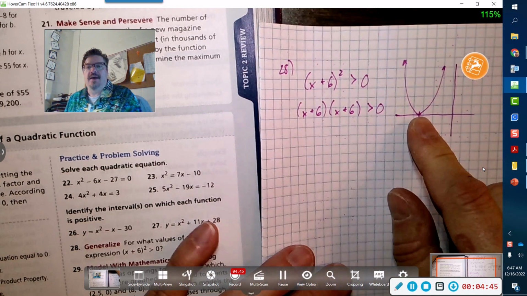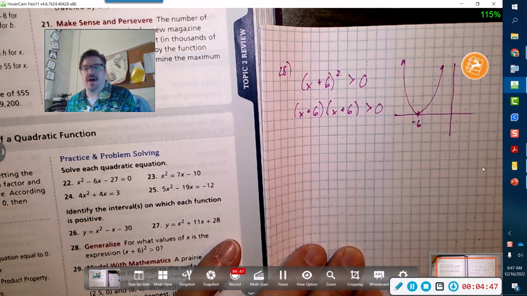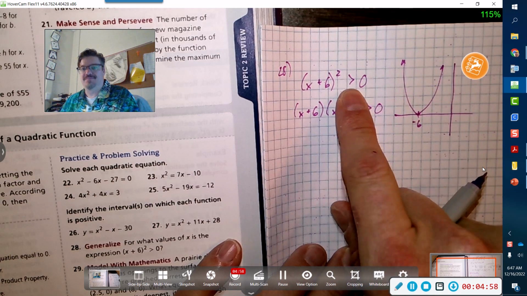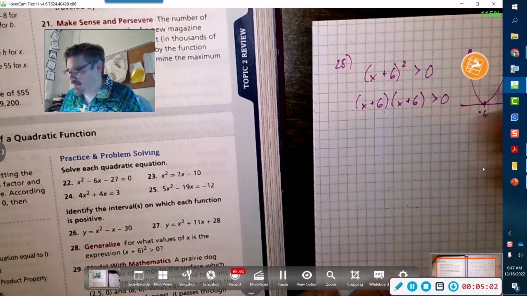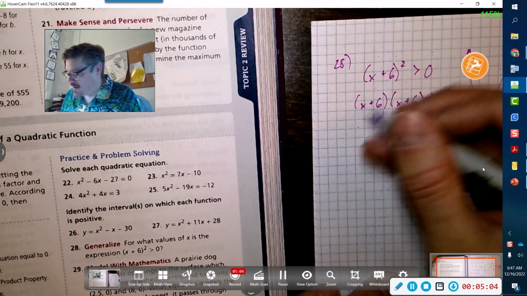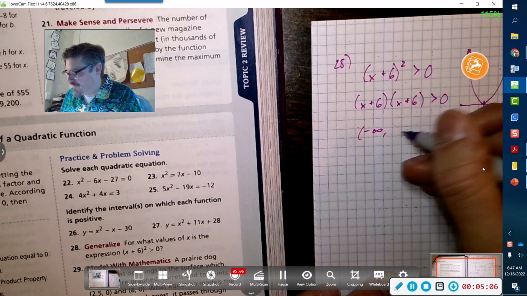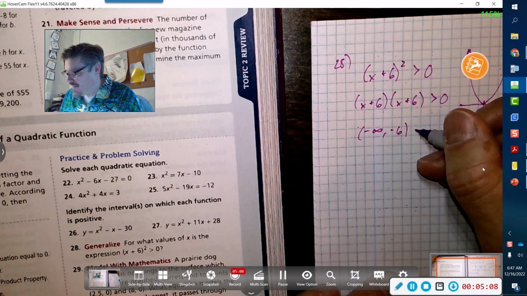With this, I know that the only place that is not greater than 0 is at negative 6 itself. At negative 6 he is 0, and you are not allowed to be 0. So your answer can look a couple of different ways. You can go negative infinity to negative 6, and then a union.